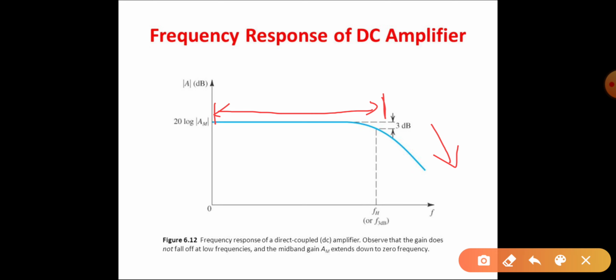So see, when you are not using any coupling device such as capacitor or transformer, the DC biasing of the circuit will vary according to the frequency.